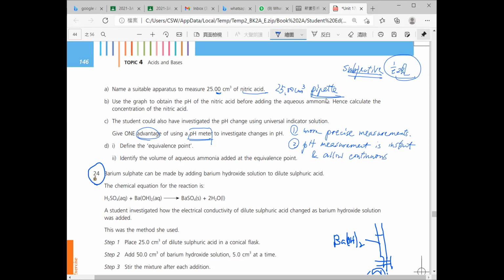So you may see that you are having a continuous monitoring of the change of the pH. Okay, so we will call that because of this point.